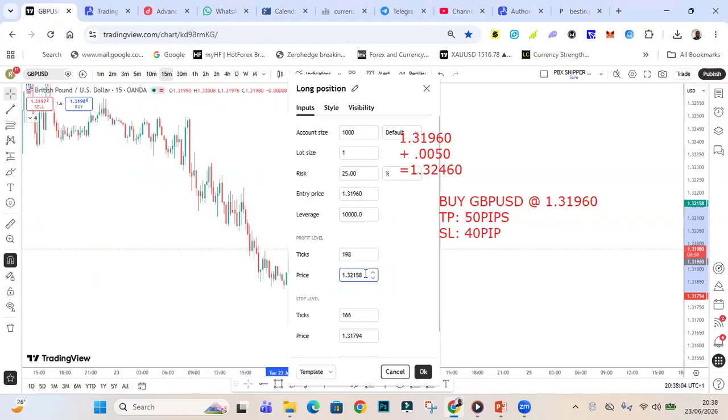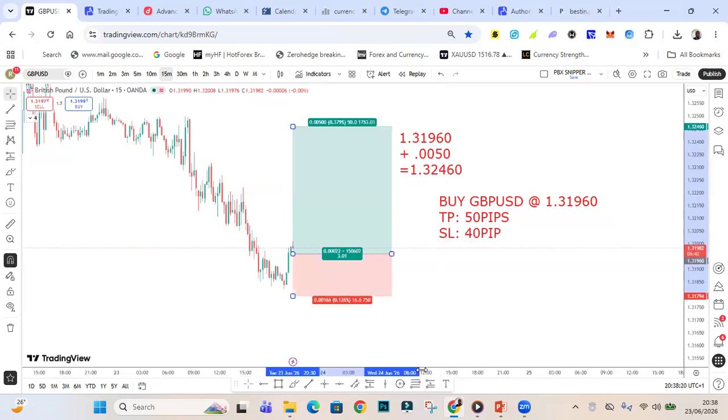Then take profit, what did we get here? 2460. We've not calculated stop loss, but let's just leave that first. You can see that this is 50 pips, exactly correct.